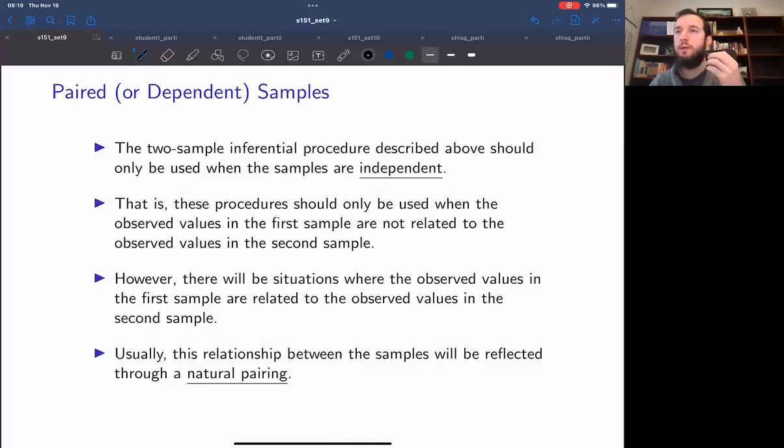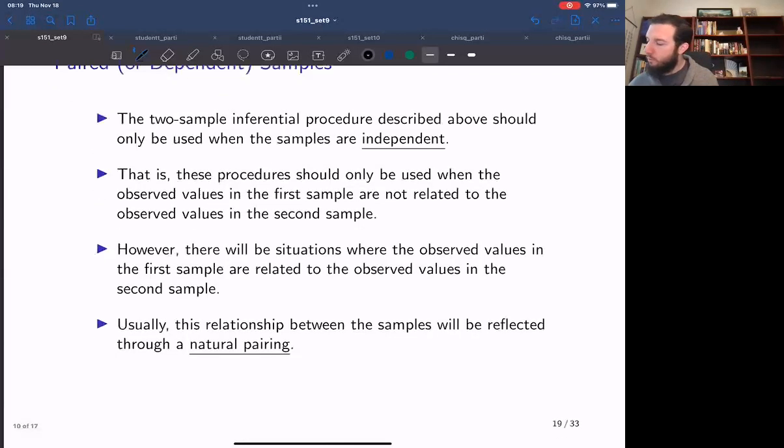So we are going to be looking at data where the observations are emitting what we can think of as a natural pairing, which basically just means that each observation in the data set is going to give us two values. So rather than having two separate samples of information, we are going to have two different measurements attached to the same observation.